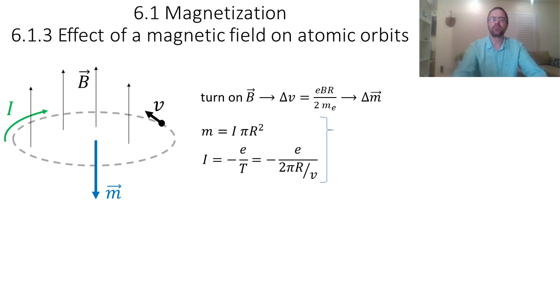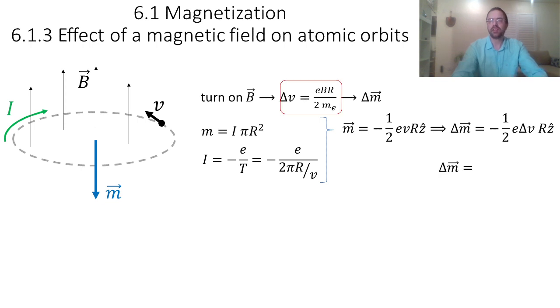Now let's combine these equations. We have the magnetic dipole moment m equal minus 1/2 e v r along z hat. So when the speed of the electron changes by delta v, then the magnetic dipole moment will change by minus 1/2 e delta v r along z hat.